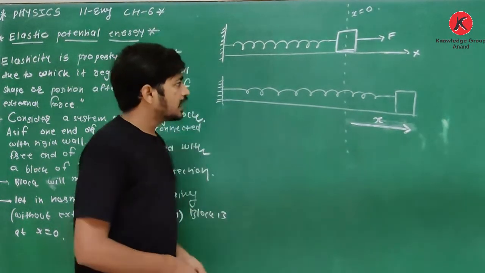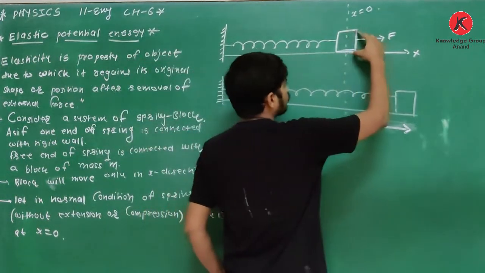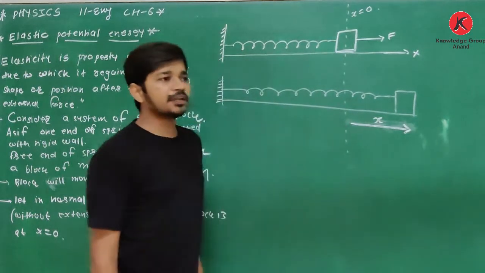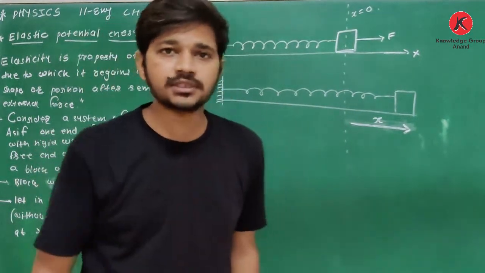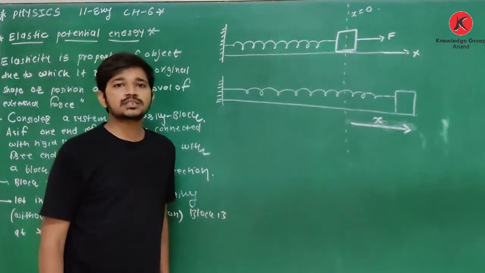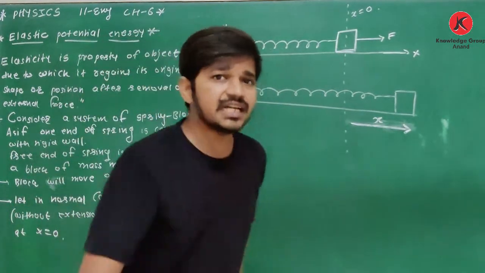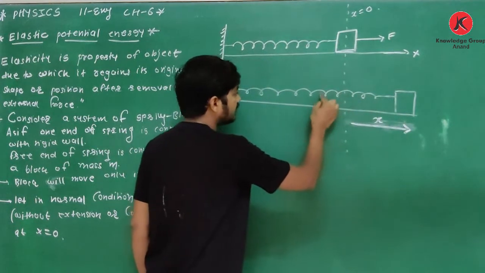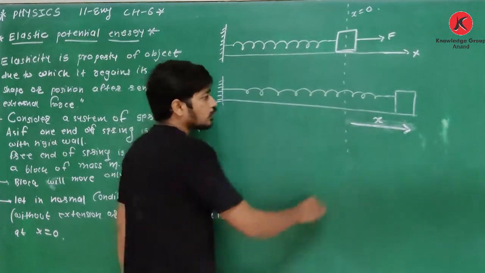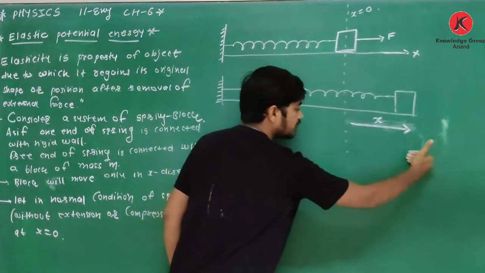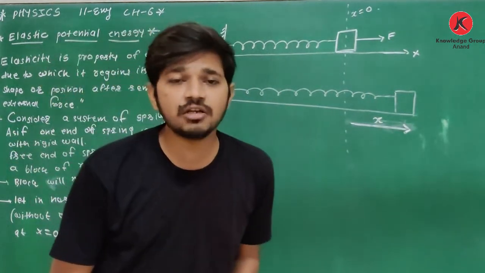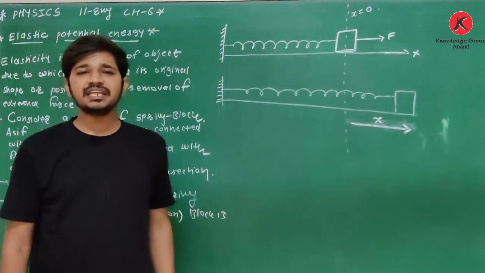Now, if I am applying force at this point and I remove the external force, what happens? You know that this block is connected with this spring, so this block will now move in this direction to regain its original position back.